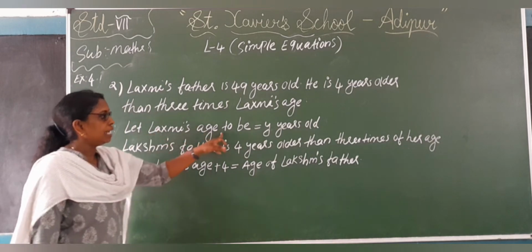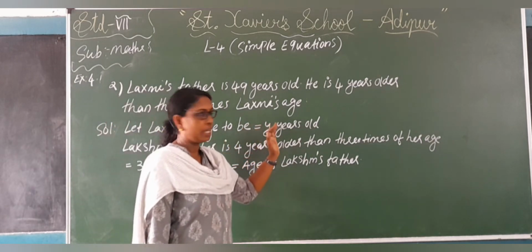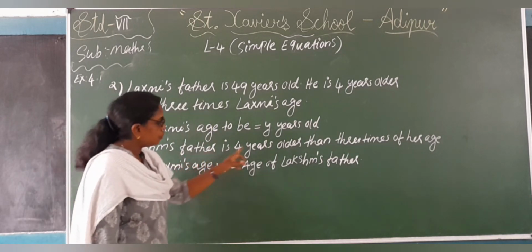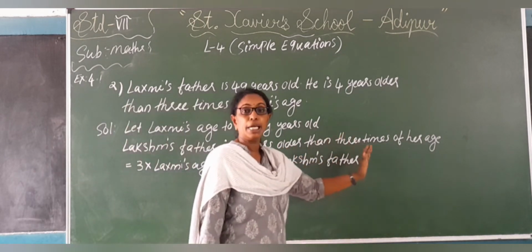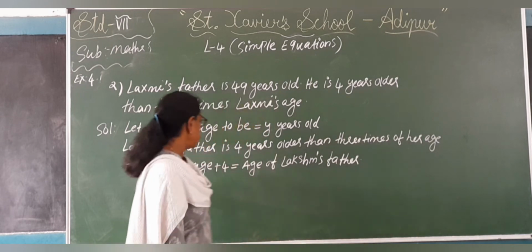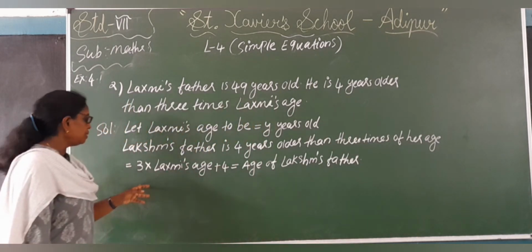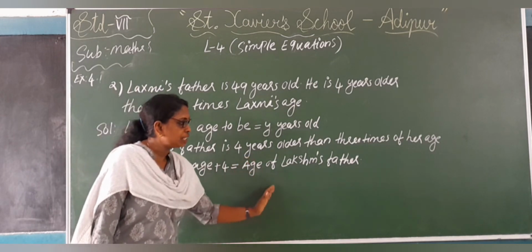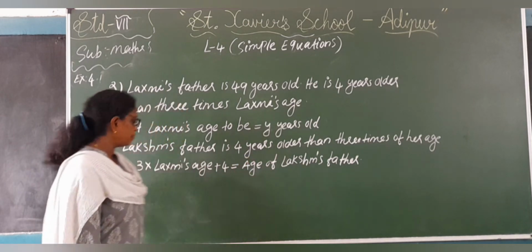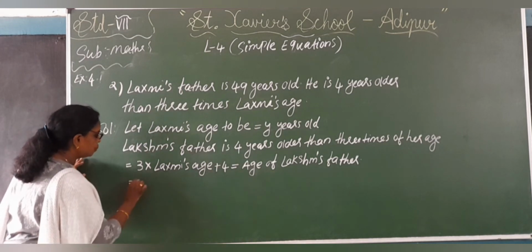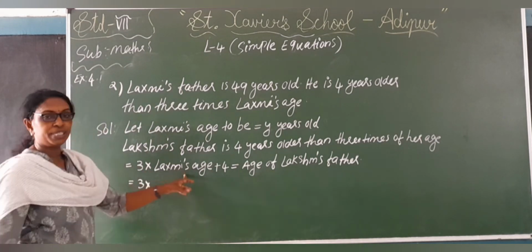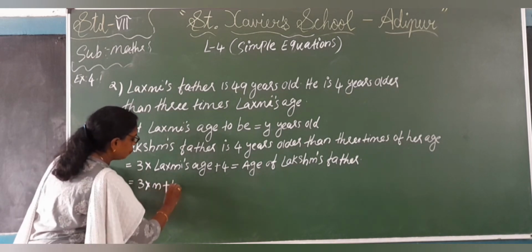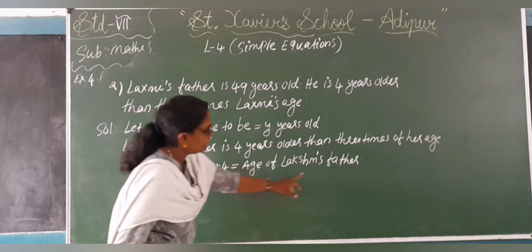Let Lakshmi's age be y. Lakshmi's father is 4 years older than 3 times her age. So what's the equation? 3 times Lakshmi's age, which is m, plus 4 is equal to the age of Lakshmi's father.